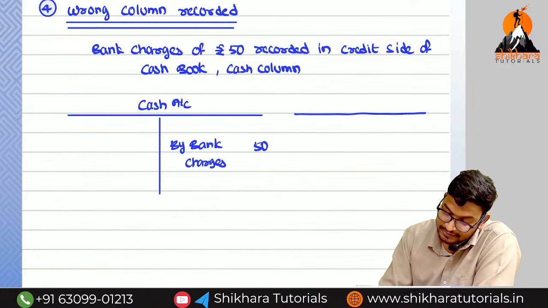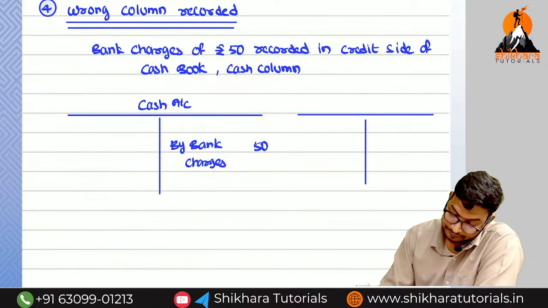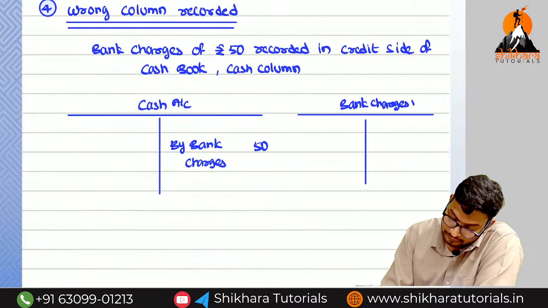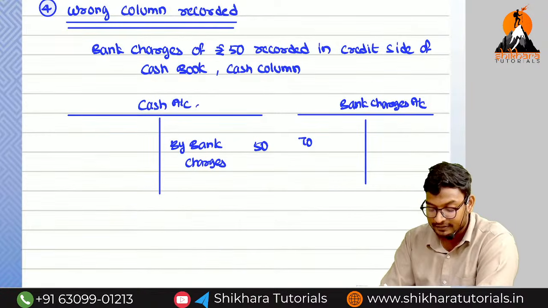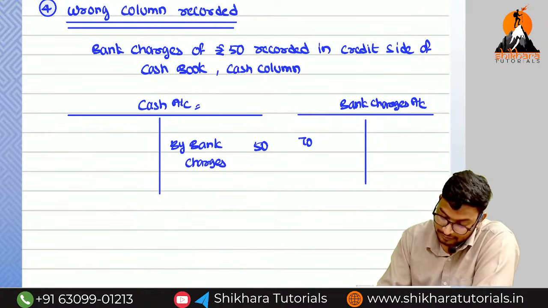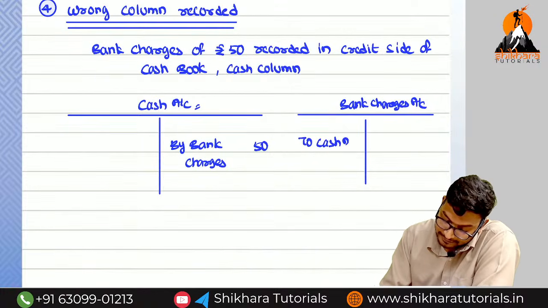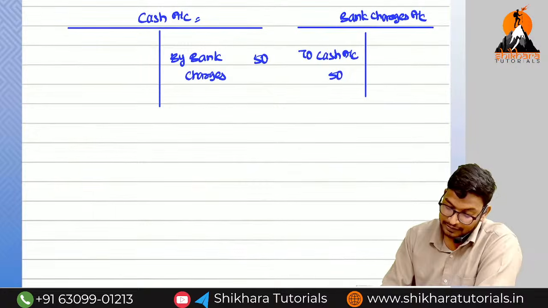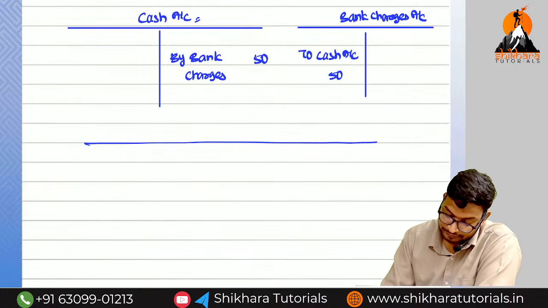In the bank charges account, they are going to record on the debit side only. What will they record here? They recorded the cash, so they will also record cash only. To cash account, 50. Can you prepare the wrong trial balance now?